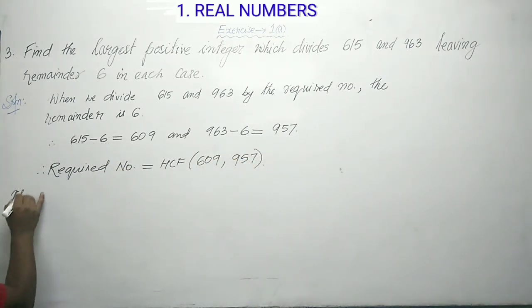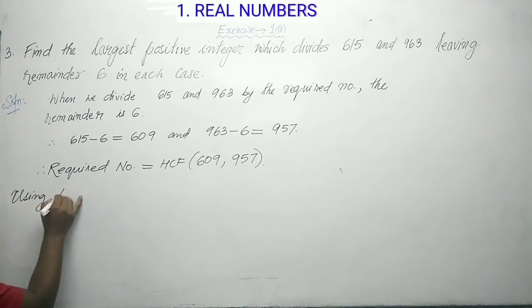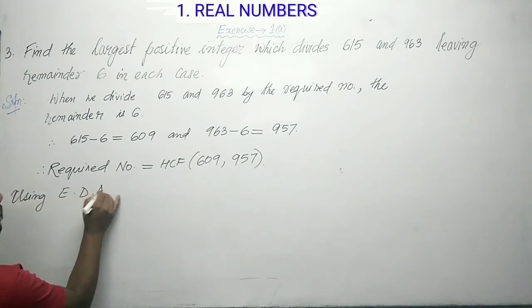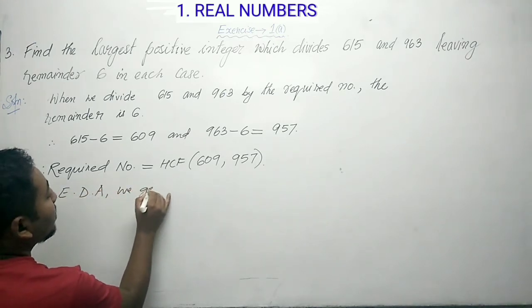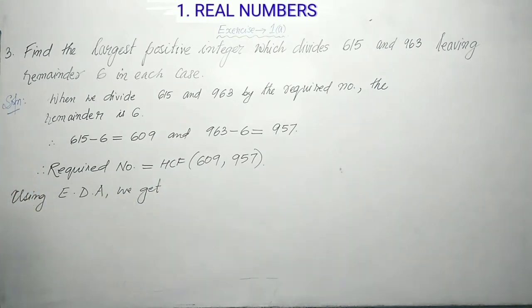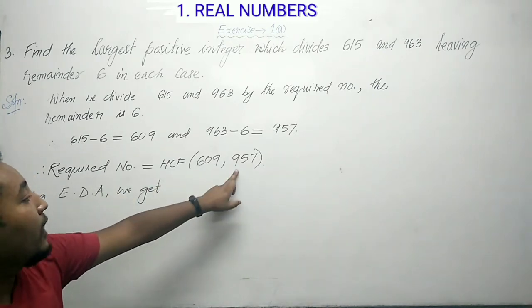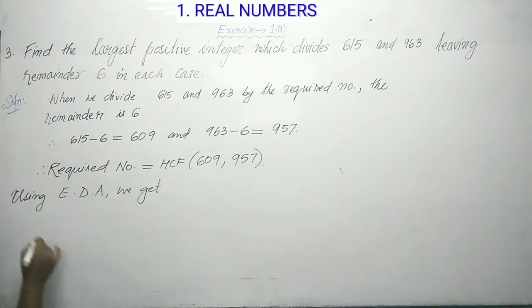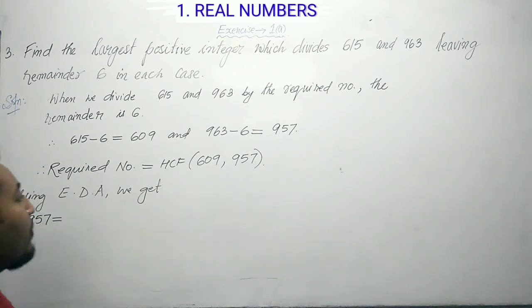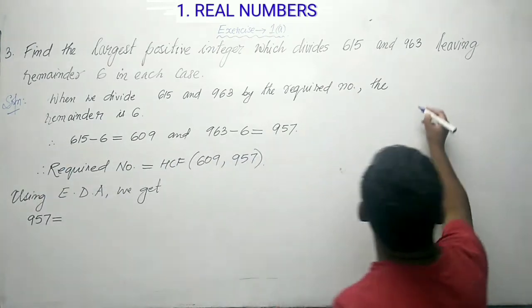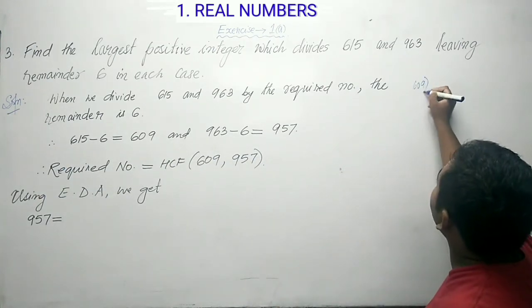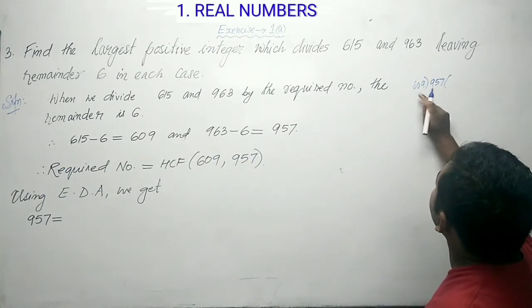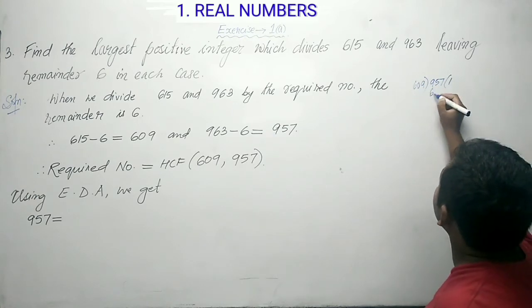By using Euclid's division algorithm, we get, now as per the rule, which is bigger? 957 is bigger. So you write down 957, you divide 957 by 609. 609 ones are 609.